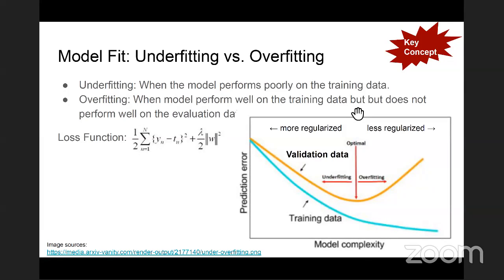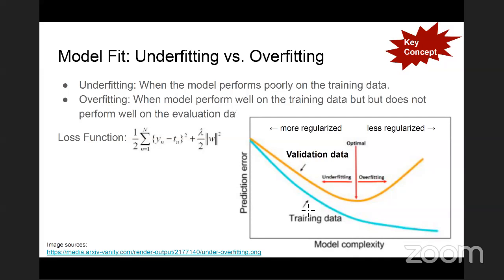Sumit? Yes, sir. Talking about lambda again, if we put lambda 0, the yn minus tn square is the mean square error. Why shouldn't we let it be like that and just minimize the error? Because optimizing only on that means you are optimizing only for the training data.